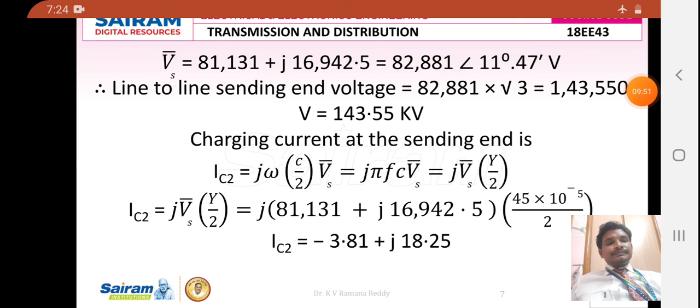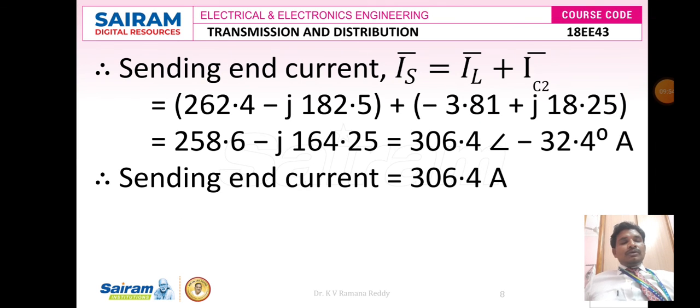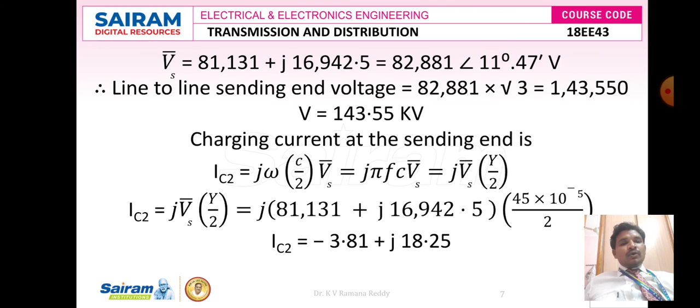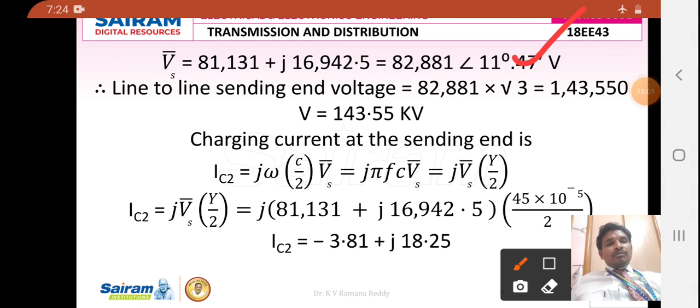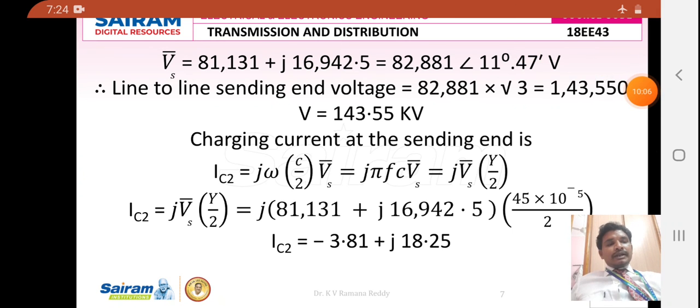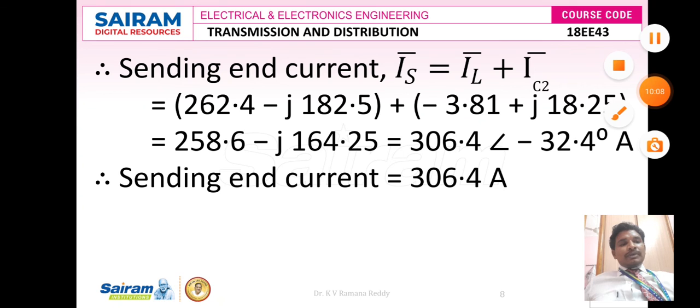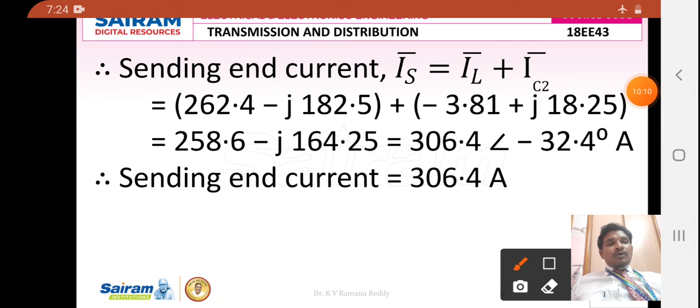Now I calculated IC2, but I want to calculate the sending end current, because we have already calculated the sending end voltage, which is one question they ask in the problem; we got both the rectangular form value and polar form value. Now we are going to calculate the sending end current. Applying Kirchhoff's current law at the first node, IS bar is equal to IL bar plus IC2 bar.